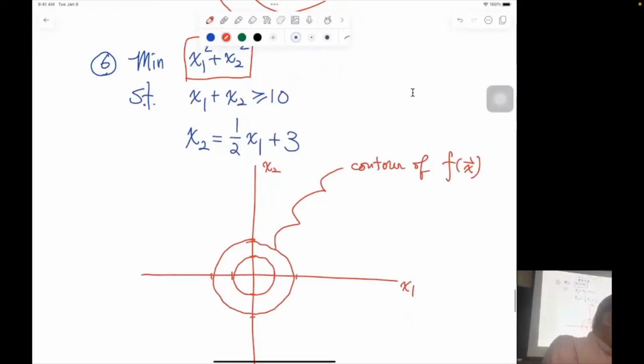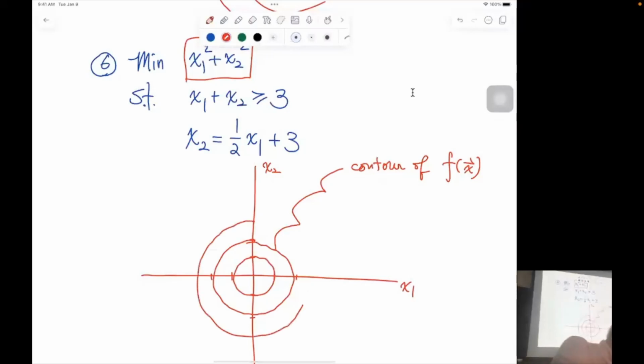Now, I used 10 before. Let me change the value. I don't want to use 10 anymore. Change it to a smaller value, 3. So in this case, I can draw another contour. And here's 0, 3, and 3, 0.